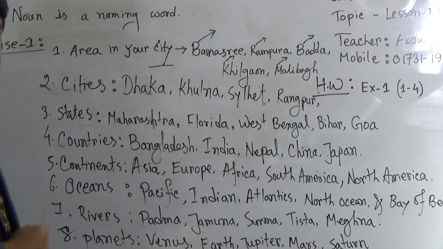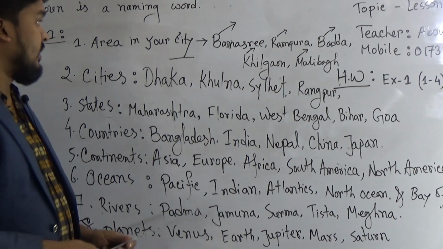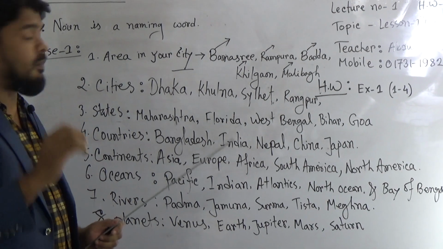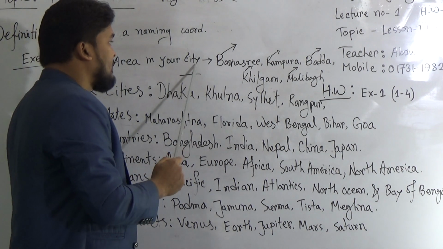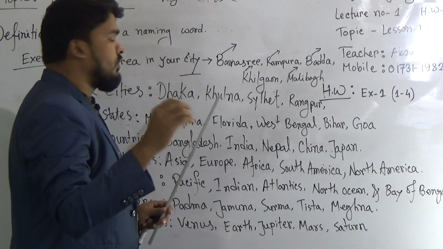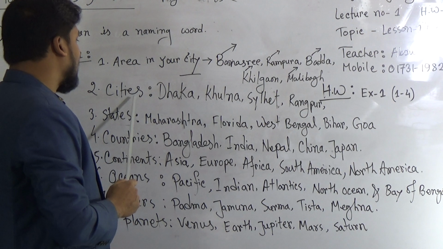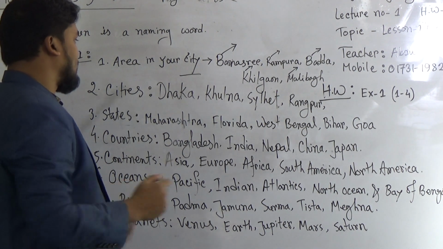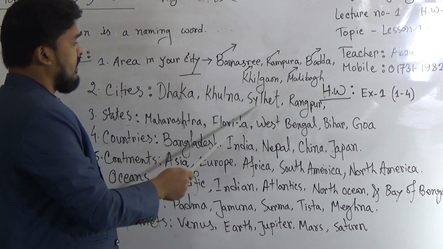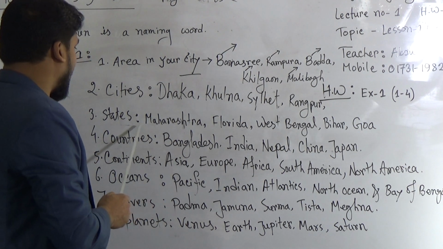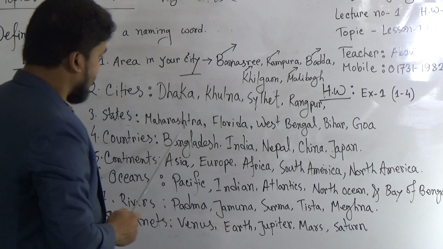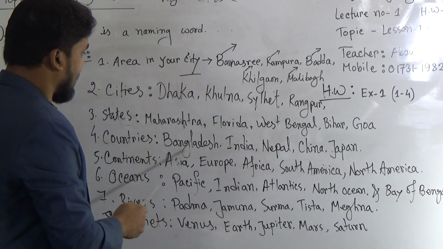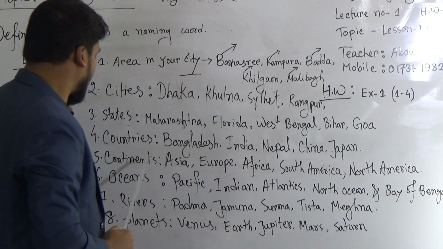From these 8 common nouns you have to write 5 proper nouns from each point, like city. Okay, city in your locality, in your area, and cities, that means this is a big city like Dhaka, Khulna, Sylhet, Rangpur, Rajshahi. And states, Maharashtra, Florida, West Bengal, Bihar, Goa. And countries, Bangladesh, India, Nepal, China, Japan.